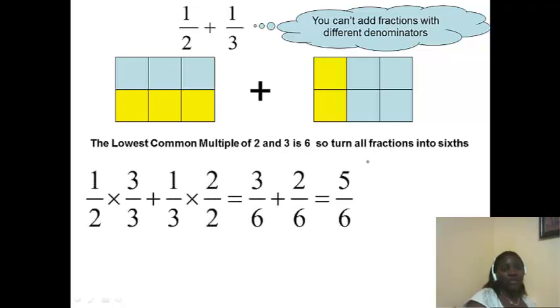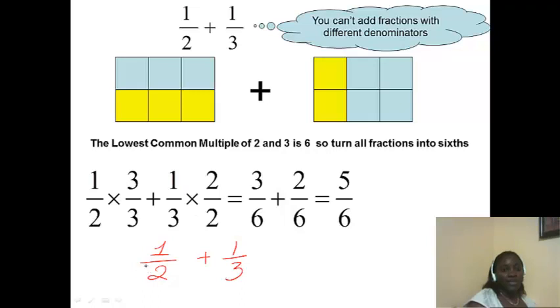In reality, what we did was turn the 2, since we only had halves, into 6 by multiplying it by 3. I know this can be a little confusing, so basically this is what we did. We had 1/2 plus 1/3.